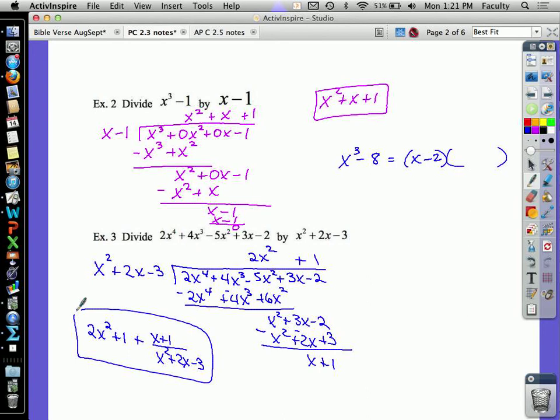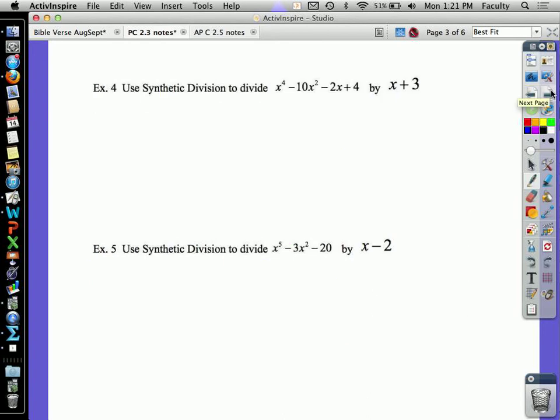Okay. All right, synthetic division. Remember, you use synthetic division when dividing by an x minus a number, and we'll call it x minus c.